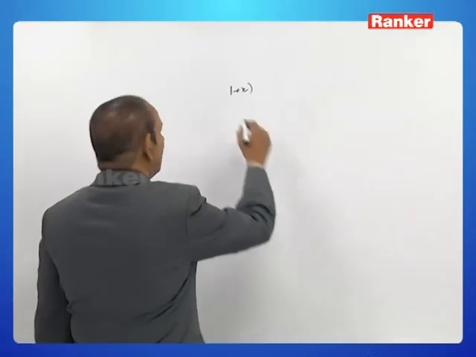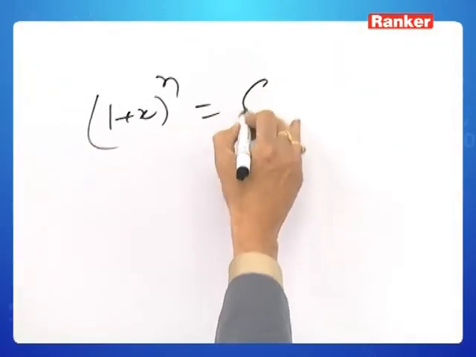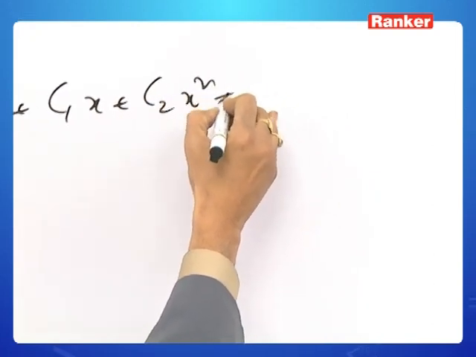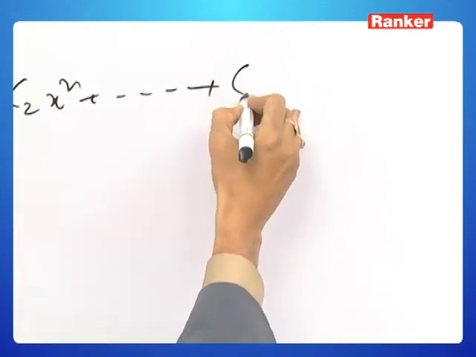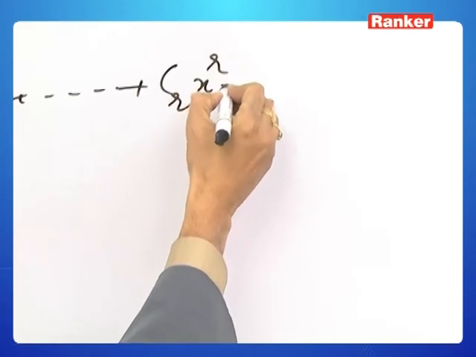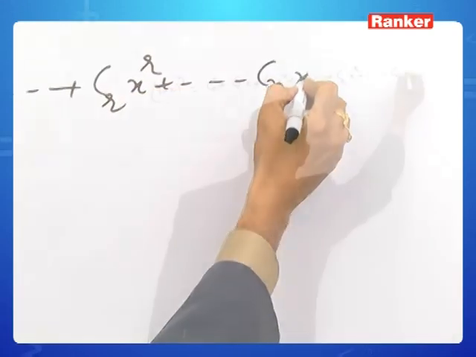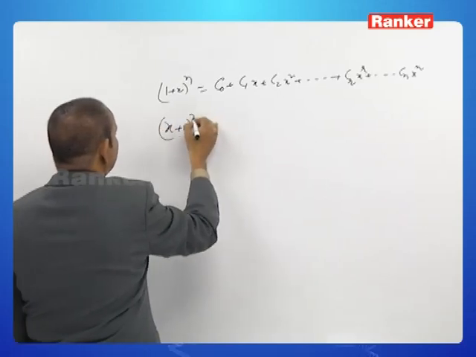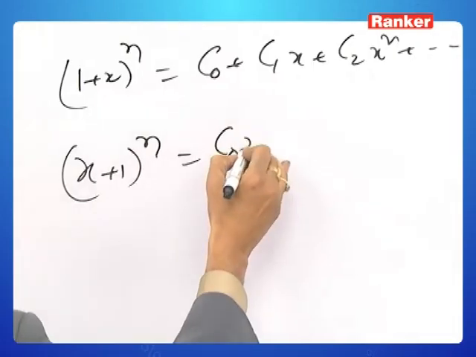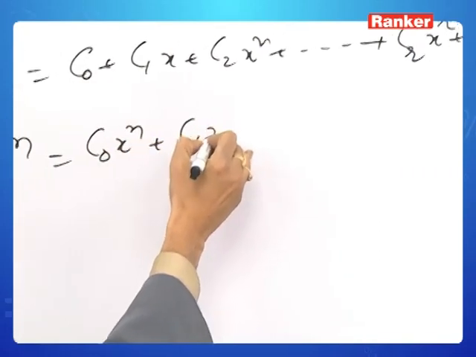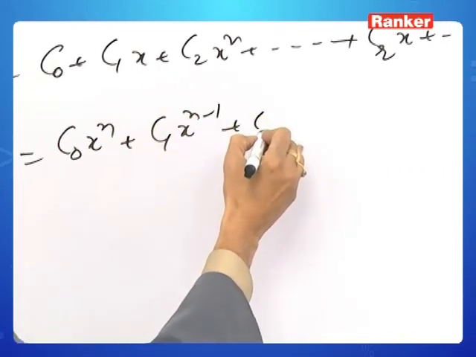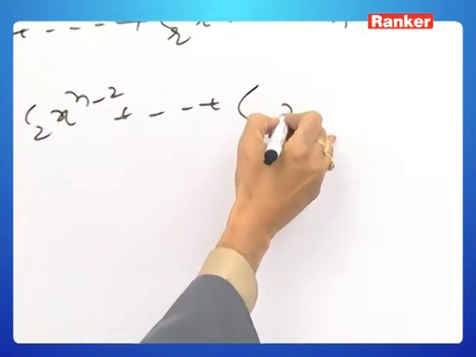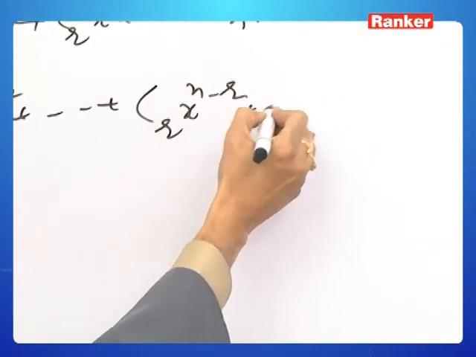We have (1 plus x) to the power of n is equal to C0 plus C1x plus C2x square plus and so on, plus Cr x to the power of r plus etc. plus Cn x to the power of n. And just like that, (x plus 1) to the power of n is C0 x power n plus C1 x power n minus 1 plus C2 x power n minus 2 and so on, Cr x power n minus r plus and so on, Cn.